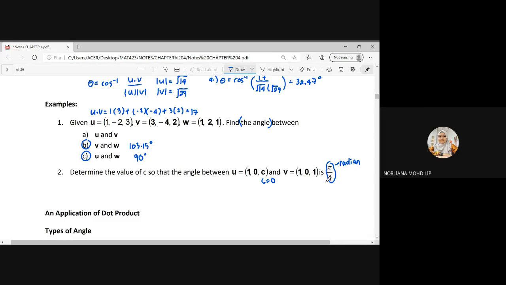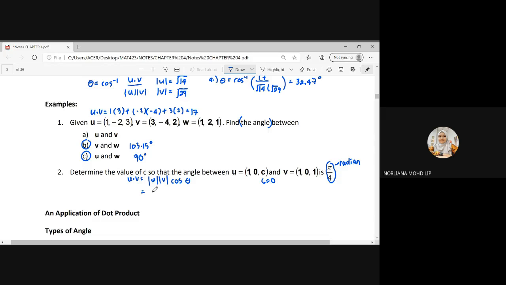Okay, for this one you have cos, so you can use this formula: U dot V equal to magnitude of U times magnitude of V cos theta. Okay, the cos theta you need to convert to radian. So cos pi over 4 will give square root 2 over 2.